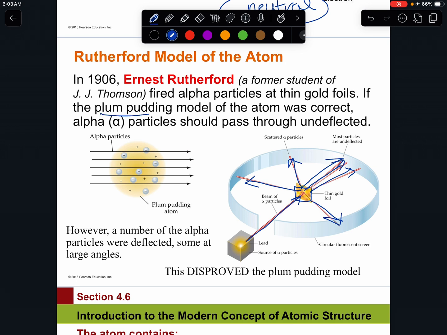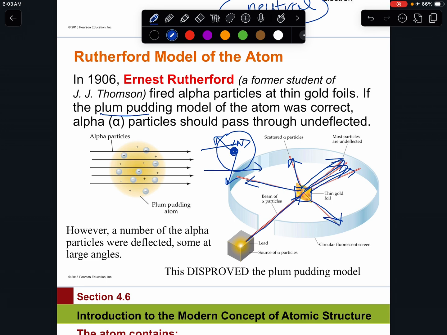So if the plum pudding was correct, they would have gone all the way through. Instead, some were deflected back, and every time they were deflected back, we now know that they were probably hitting the nucleus, which we know to be in the center. So most of them went straight through. The few that hit the nucleus, either straight on or to the side, were deflected.